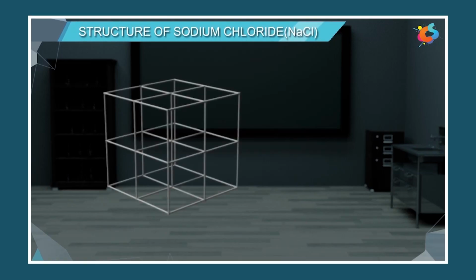First, let us see the NaCl structure. The structure of sodium chloride, NaCl, or we can say rock salt structure, is made up of sodium ions and chloride ions. The unit cell of sodium chloride crystal is shown here. In this structure, sodium ions are represented by hollow spheres and chloride ions by solid circles.